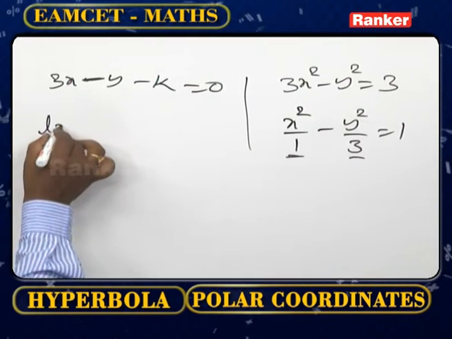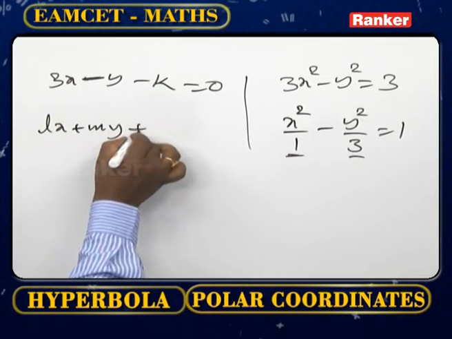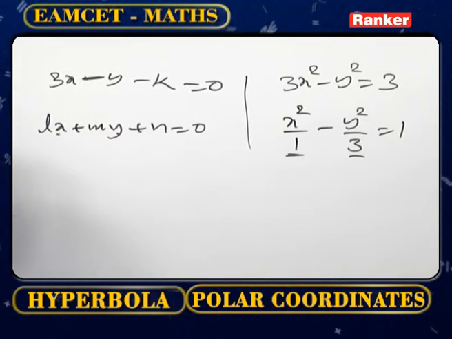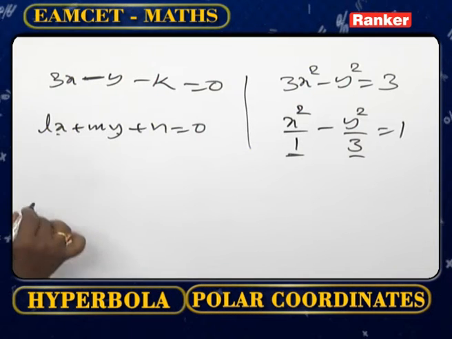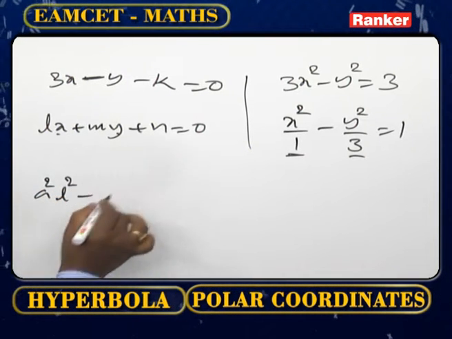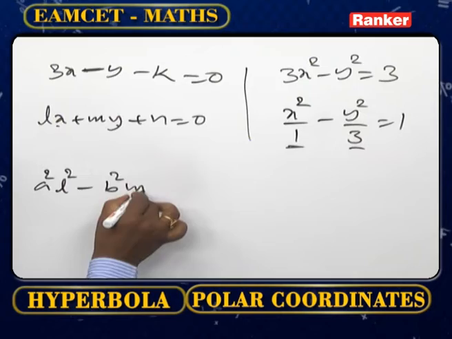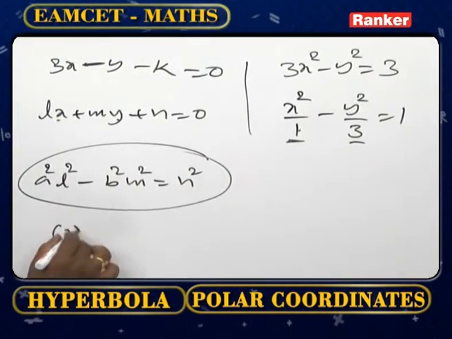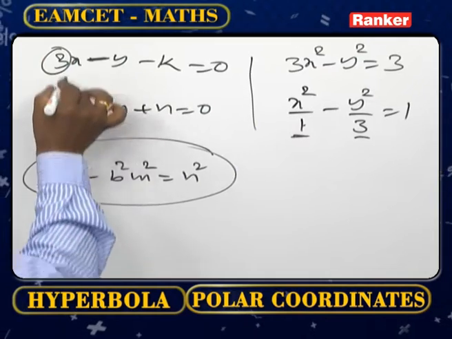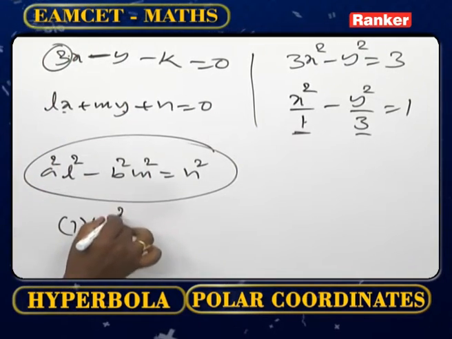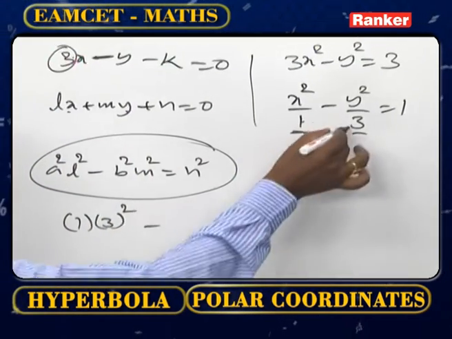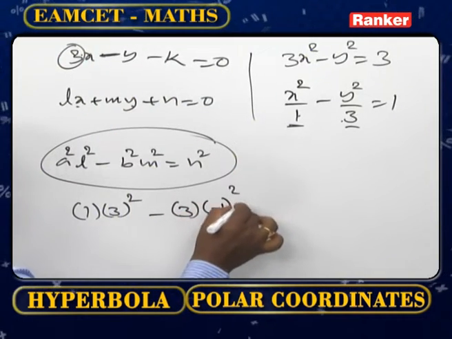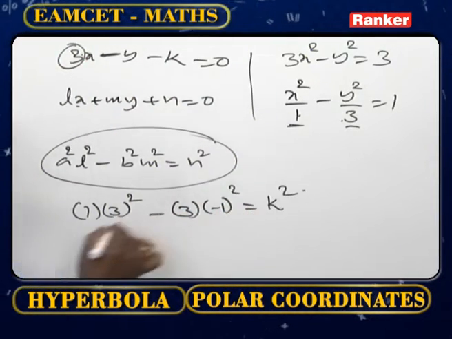The line is in the form lx + my + n = 0. If it is a tangent to the hyperbola, then the condition is a²l² − b²m² = n². Now a² = 1, l is the coefficient of x, so l² = 9, and b² = 3 with m² = (−1)², equals n², which is k².